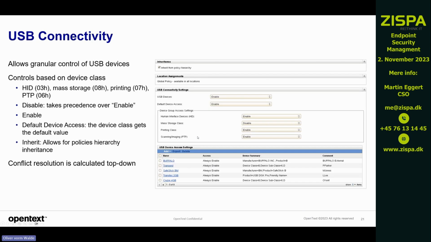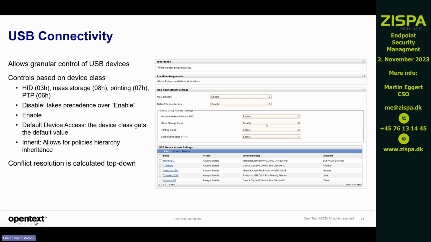And you have the granularity with the USB connectivity, where you are using the possibility to say, I'm using USB devices. They have the default access enabled, but if they are showing up here in that list, those ticks are enabled, but otherwise they do not show up here in the mass storage class because it is disabled there.